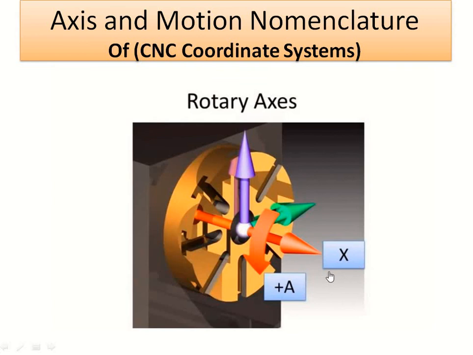So for the rotary axes, the right hand rule gives plus rotation about the axis.